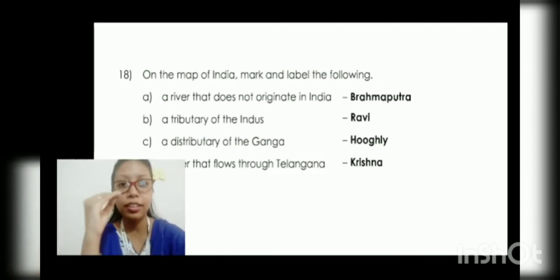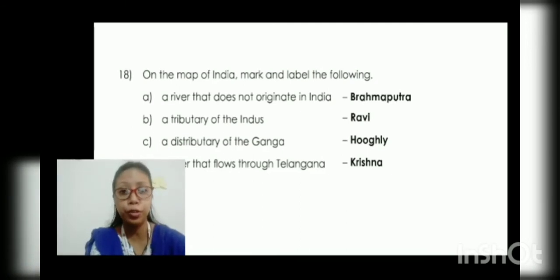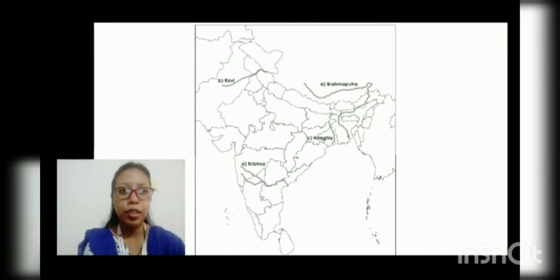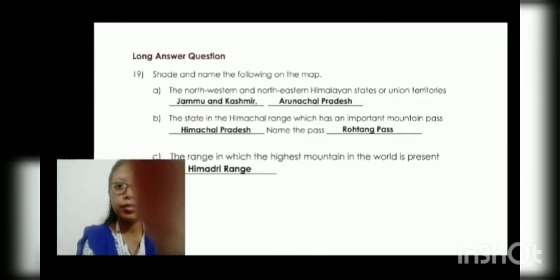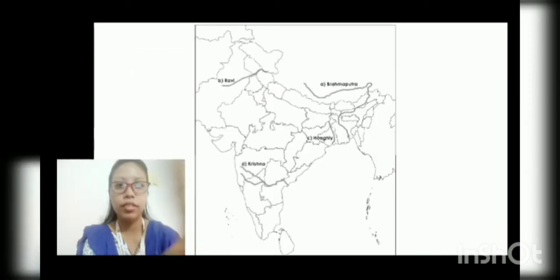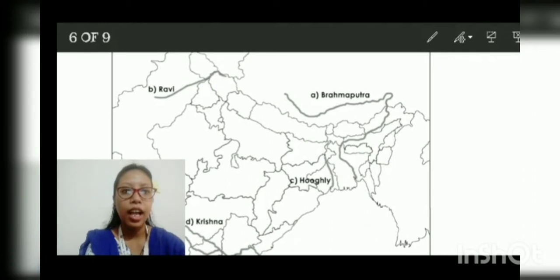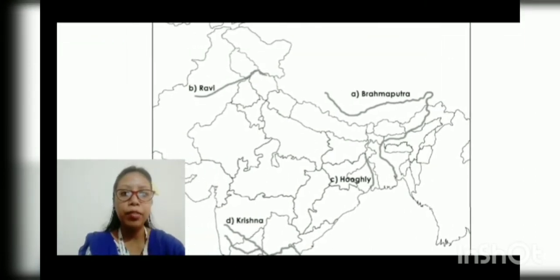After writing the names of the rivers, you have to label them on the map of India. Now this is the map of India. As you can see here, the first one we have got is the Brahmaputra. So here we have the Brahmaputra, right? And then number B was Ravi.